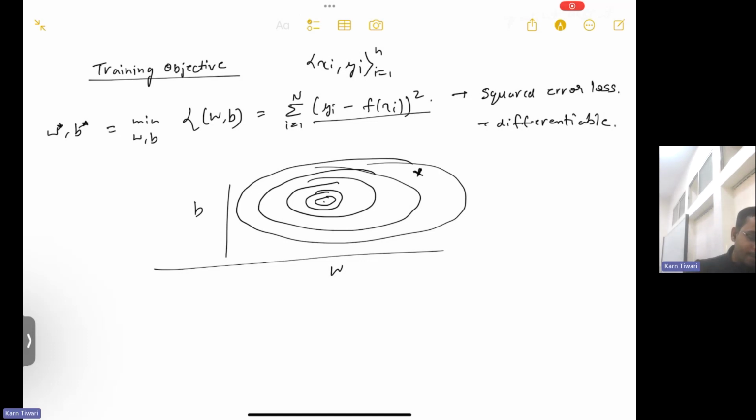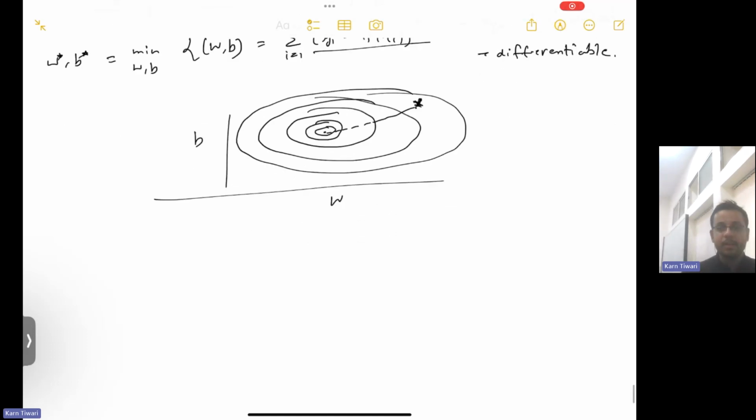You know the optimal point is here, but you can't guess it. Here it's simple because you can see it. But how can we have an algorithm which can take us from any initialization position to the minimizer of that particular contour? That's where gradient descent comes in.